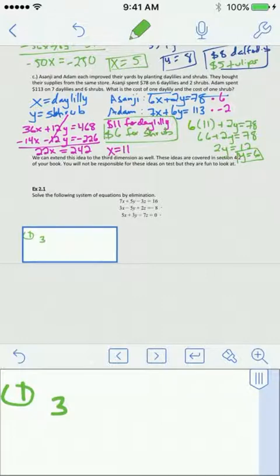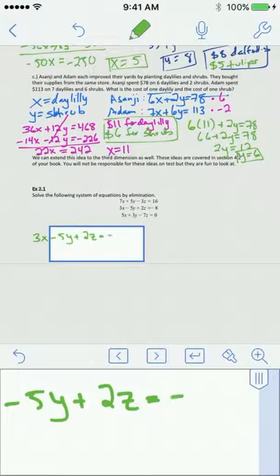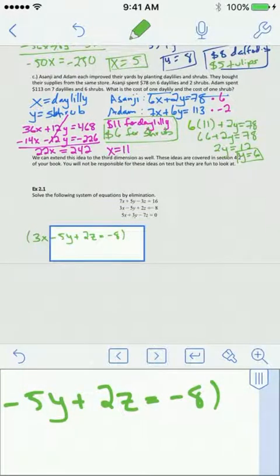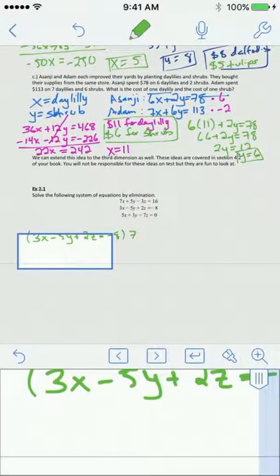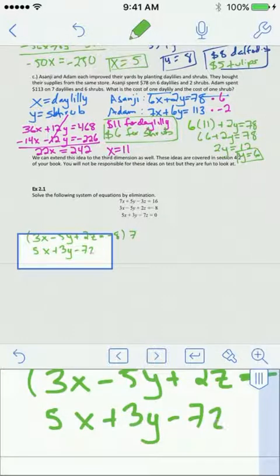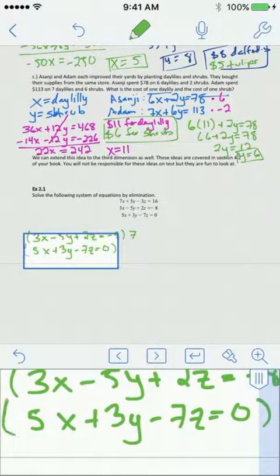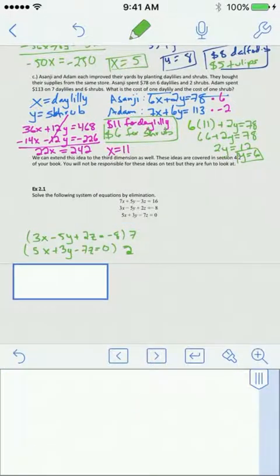And I'm going to multiply 3x minus 5y plus 2z equal to negative 8 by 7. And then I'm also going to take that third equation, 5x plus 3y minus 7z equals 0, and multiply that by 2. So it's nothing new, right? I'm going to multiply so that the z's cancel. That's all I'm doing. So go ahead and do that.